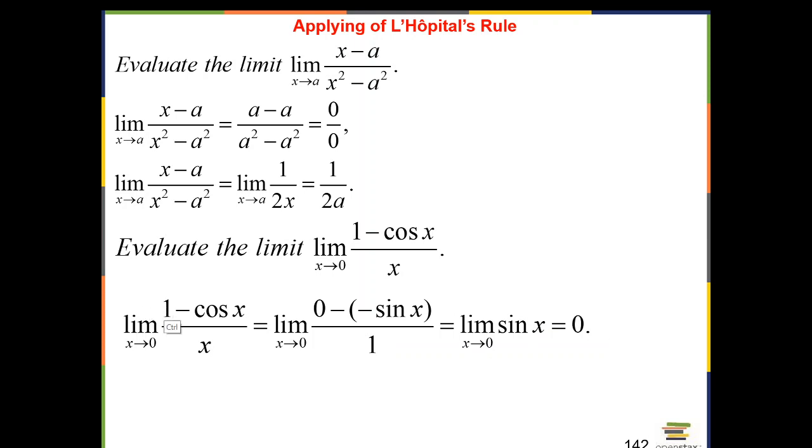So this limit equals this limit, which is 0. What's the derivative of 1 minus cosine x? It is 0 minus the derivative of cosine, which is negative sine, over the derivative of x, which is 1. So that's sine, and the limit of sine when x approaches 0 is 0.